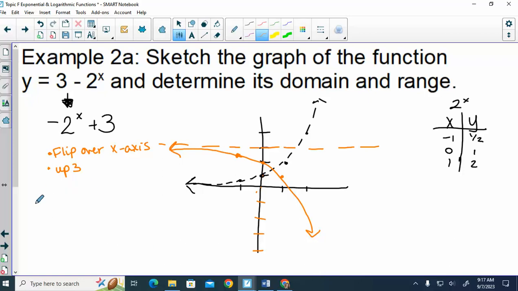Domain. Looking at a graph that's going from left to right, it keeps going in both directions, so that would be negative infinity, positive infinity.